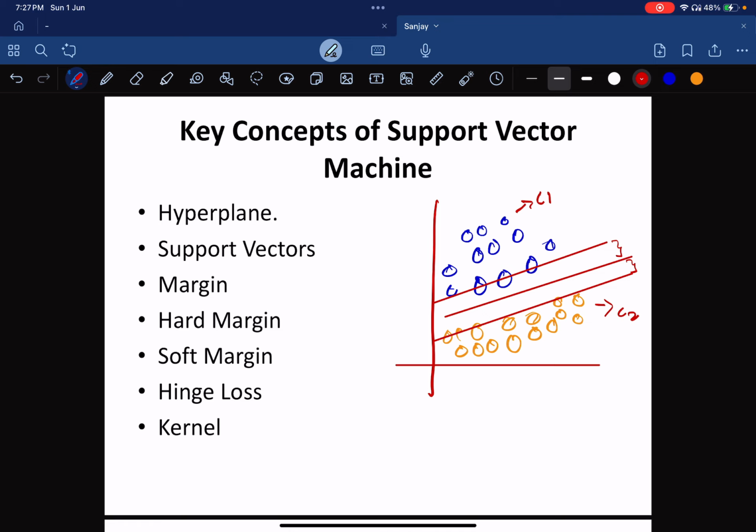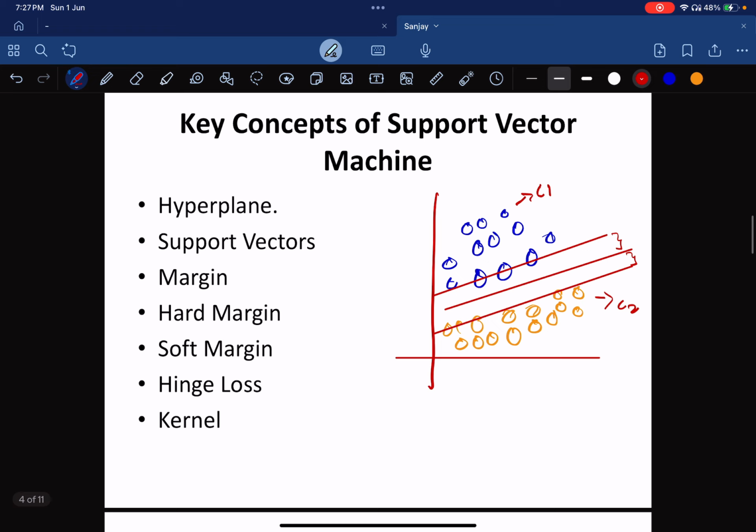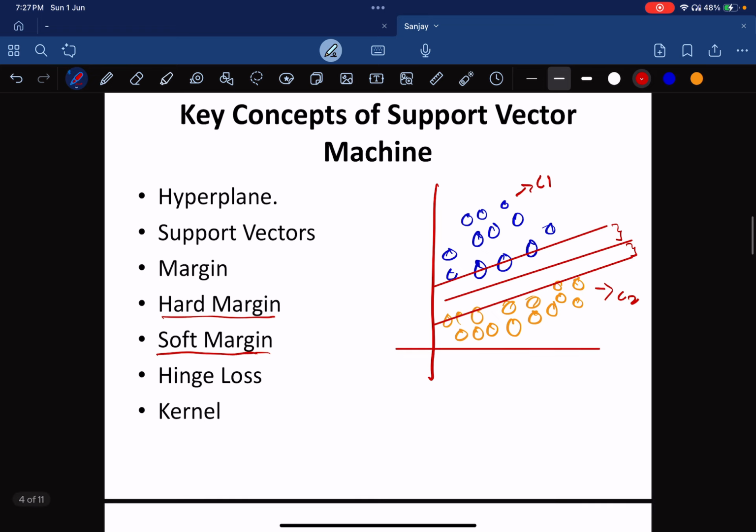And there are two types of margin: hard margin and soft margin. In the hard margin, no data points are allowed in the other classes.